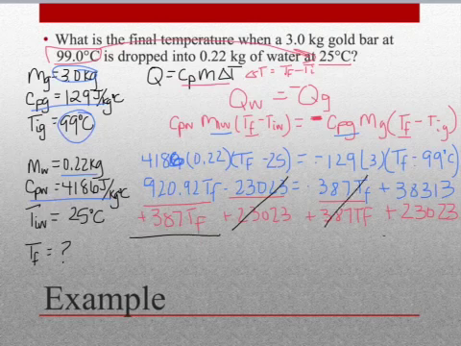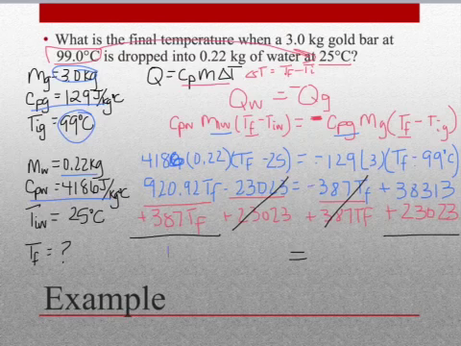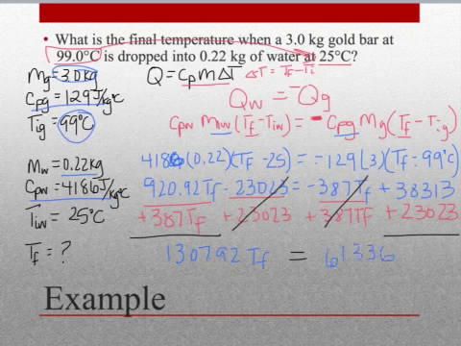And if I add these and add these, it gives us our final equation. Okay, so here we end up with 1307.92 TF will equal 61,336, which just allows us to now solve for TF.